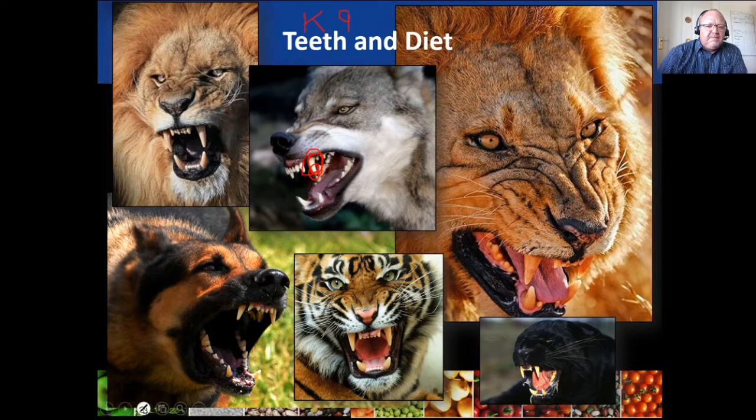And what I love even more is that the scientific name for the wolf is Canis lupus. Canis from the word canine. And for the dog, it is Canis lupus familiaris, which means wolf that is now family, or wolf that is very familiar. So Canis lupus and Canis lupus familiaris refers to the canine teeth in them.